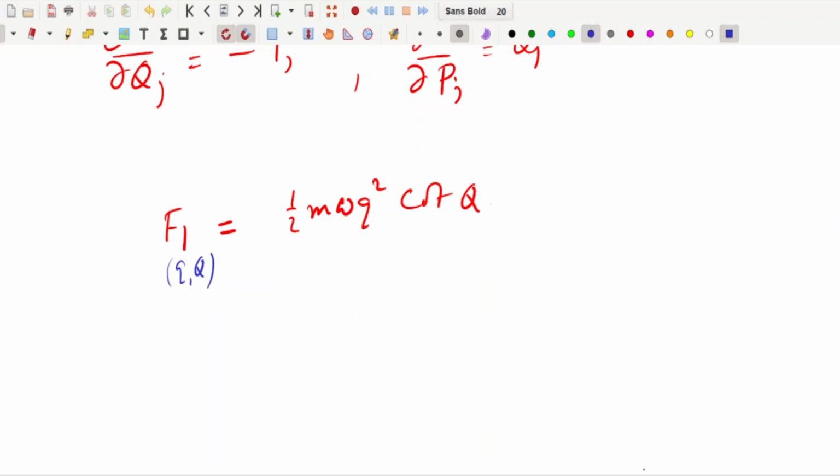Let us see what kind of transformation it generates, and then we will see how it can be helpful. Suppose this f generates the transformation.